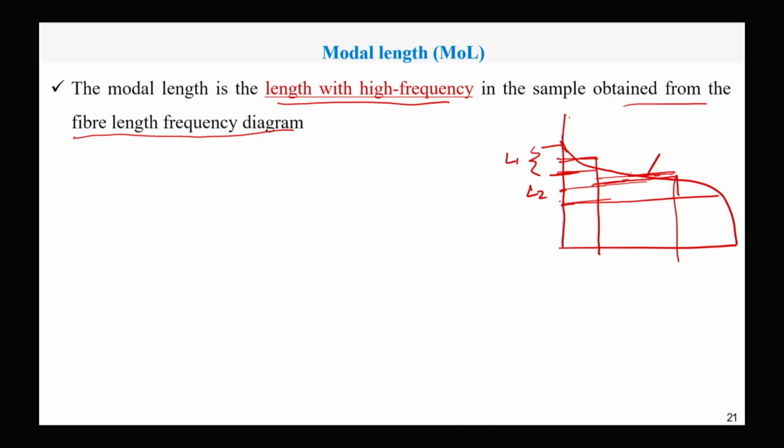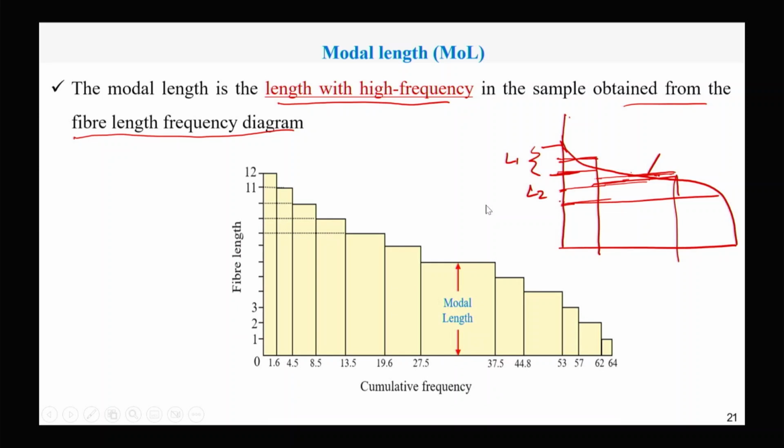If we try to distribute the fiber, we can form the histogram here. The widest histogram bar means the number of fibers is maximum in this length group.